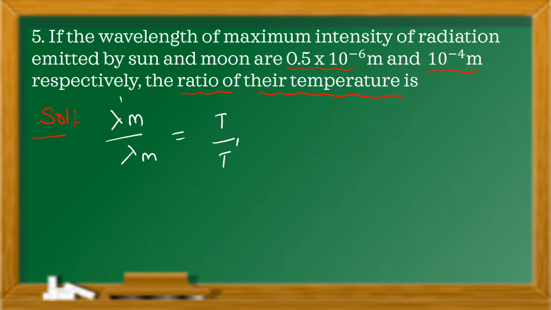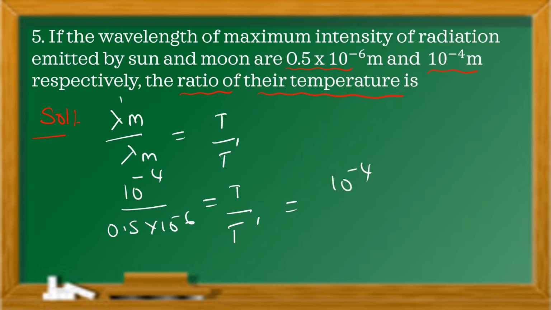So substituting values, 10 to the power of minus 4 by 0.5 × 10 to the power of minus 6 is equal to T by T dash. This can be written as 10 to the power of minus 4 into 10 to the power of 6 by 0.5, that is equal to T by T dash.